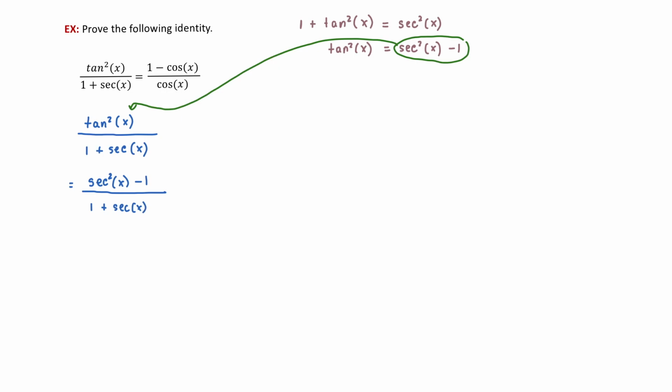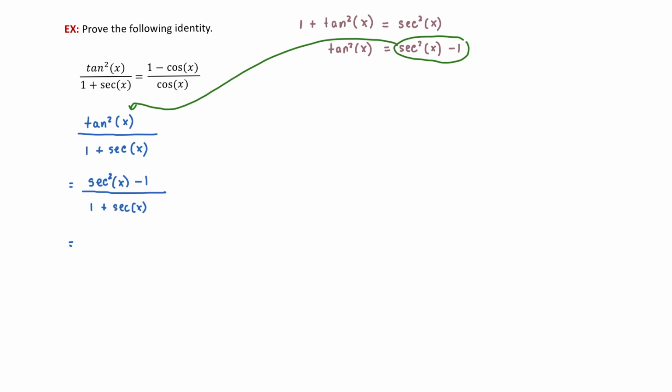And this is why the left side was actually a nice side, because immediately I saw a connection between tangent and secant through this Pythagorean identity.